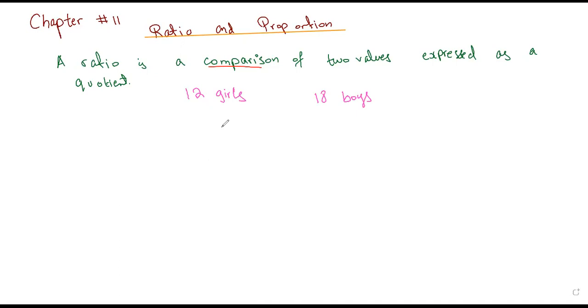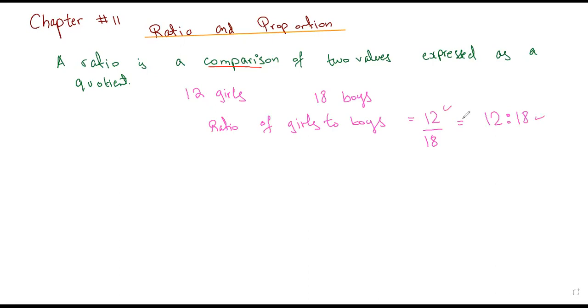Ratio of girls to boys can be written as 12 ratio 18. I can also write it this way, 12 ratio 18. Both these are correct, right? And they are equivalent.